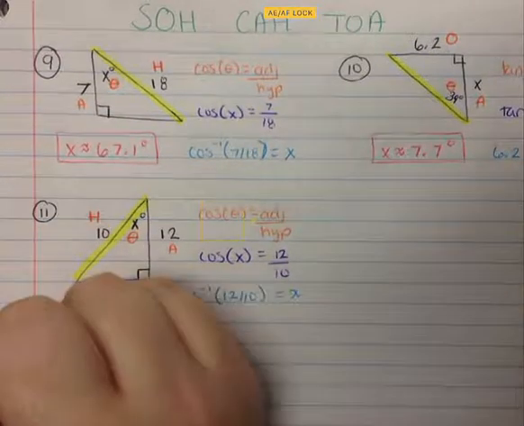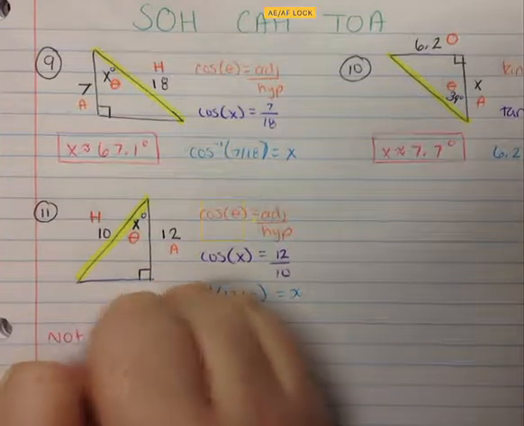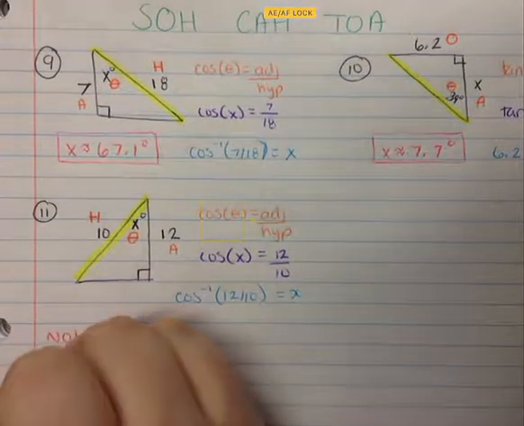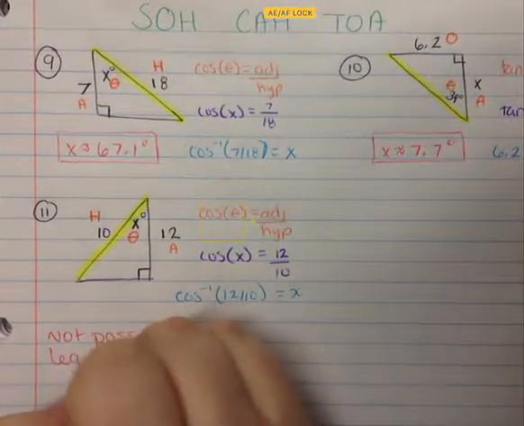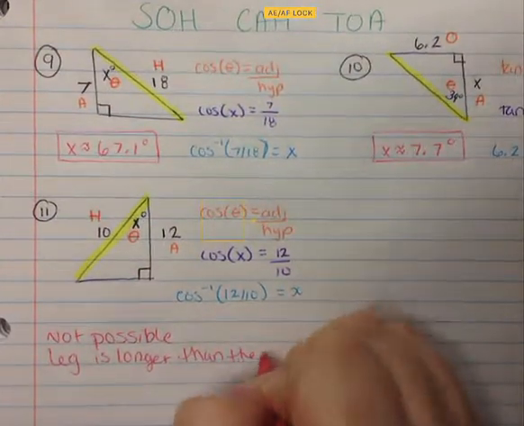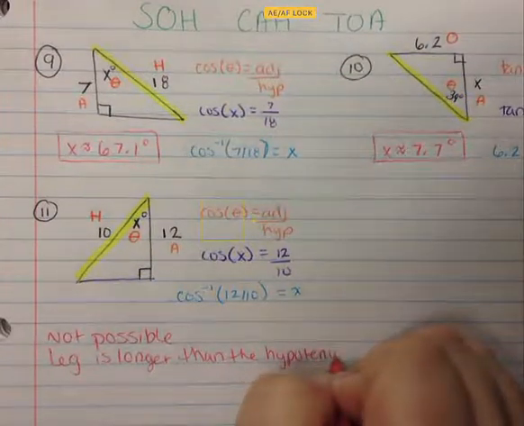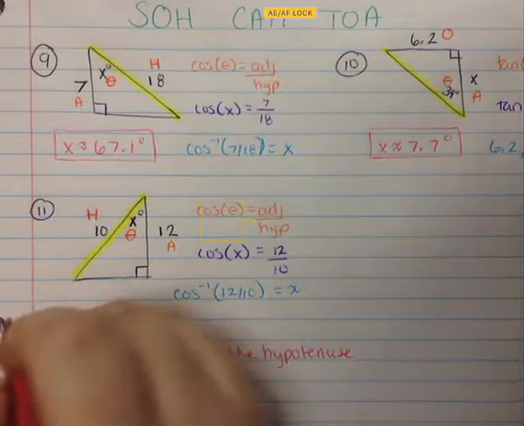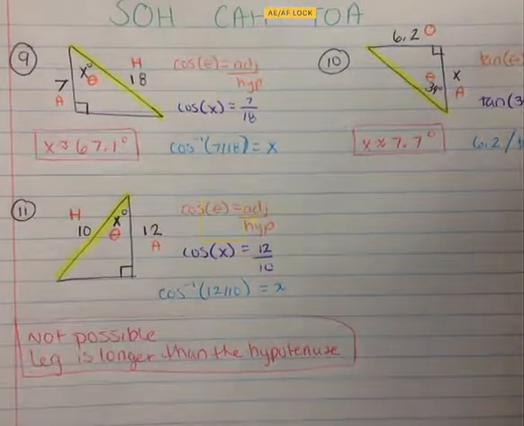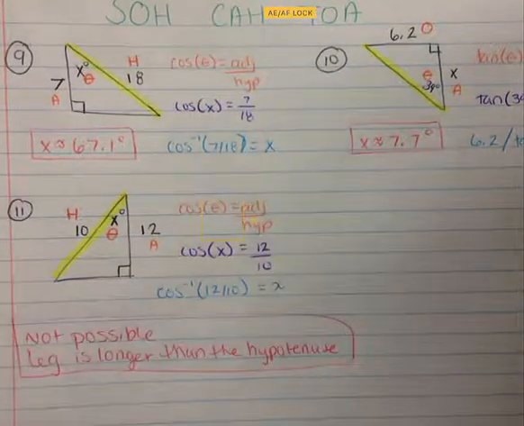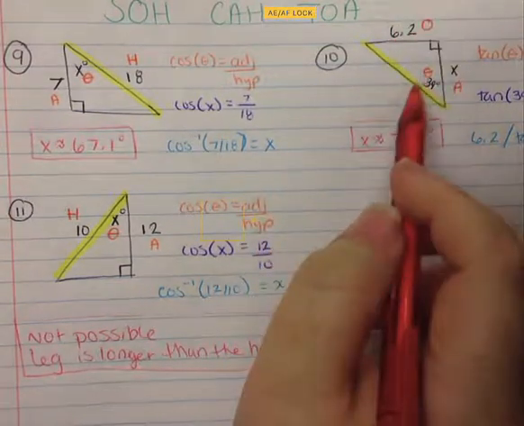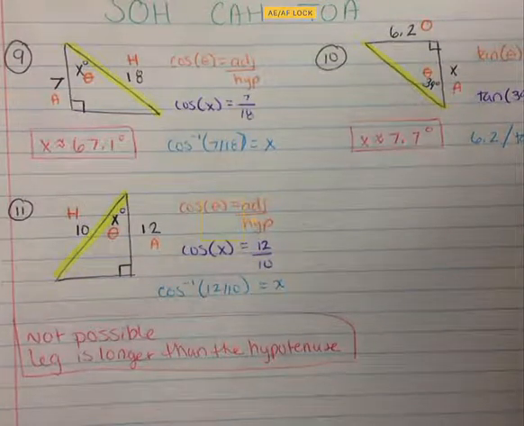This problem is not possible because your leg is longer than your hypotenuse. If you notice that your leg is already longer than your hypotenuse, or if you get an answer where your leg ends up longer than your hypotenuse, you know you've done something wrong. Your two legs can be longer than each other, that's fine, but your hypotenuse has to be the longest. So always check that.